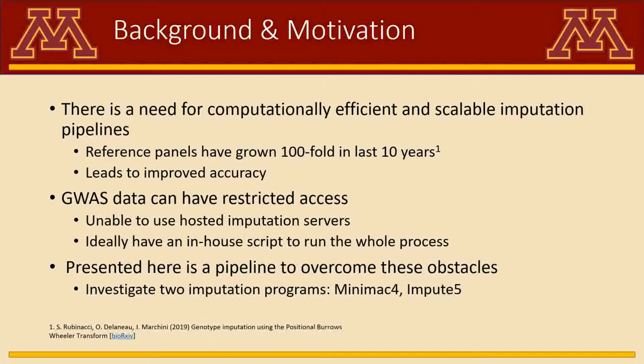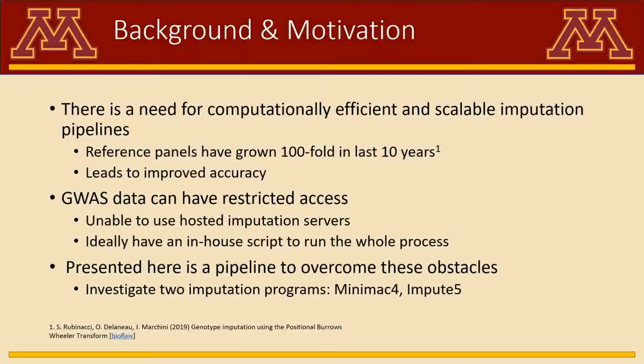So, we know that reference panels have grown tremendously in the past 10 years and will only continue to do so, which is great because this is going to lead to improved accuracy. However, imputation programs also need to keep up and continue to be computationally efficient with these larger reference panels, as well as still being able to scale to these new sizes that we're seeing.